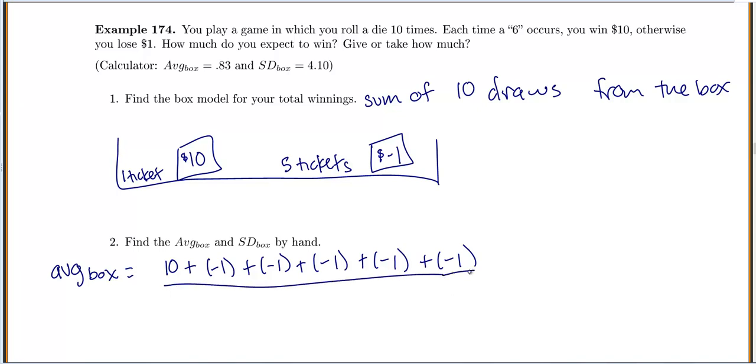Divide by how many numbers there are? There are 6 numbers. So don't forget that even though we only wrote down 2 numbers, there were really 6 different tickets in there. So you have to write out all of the numbers. And when we put that in our calculator, we're going to get 0.83.